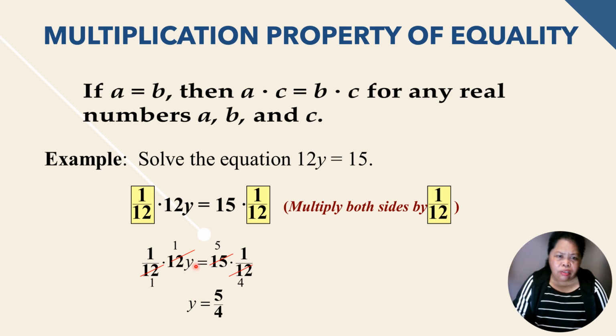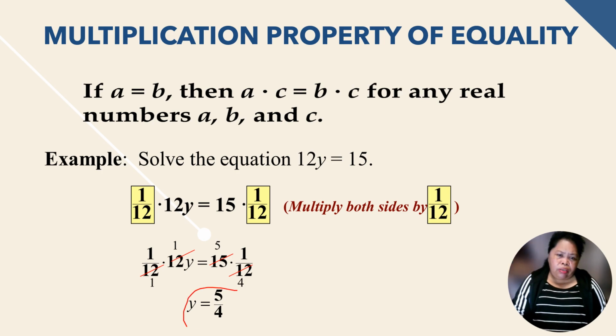So we get cancelled here. Then let's find the GCF of 15 and 12, and this is 3. So 15 divided by 3 is 5, and 12 divided by 3 is equal to 4. So that's why we got here y is equal to 5/4.